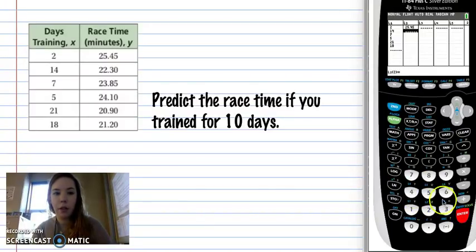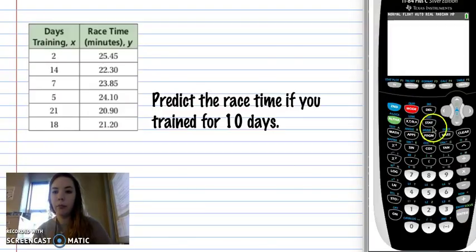You want to be careful on this part because if you type it in wrong, then your line is going to be calculated wrong. Okay, then I have to get out of this window, so I'm going to hit Second, Quit.